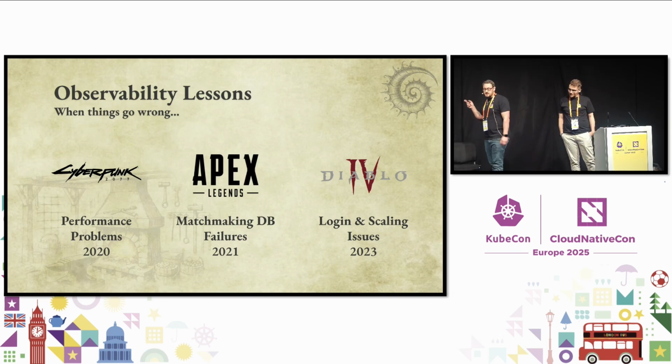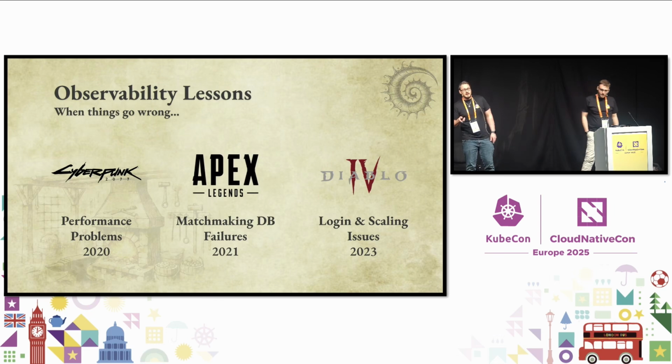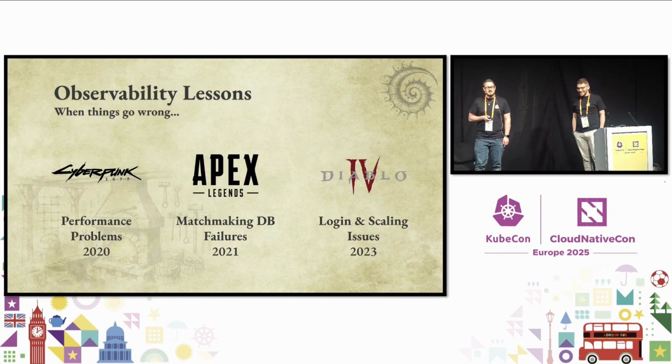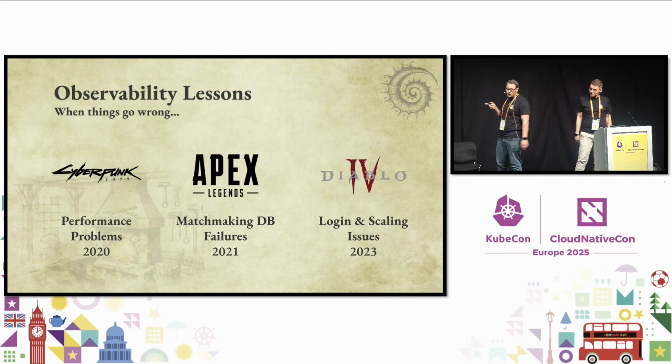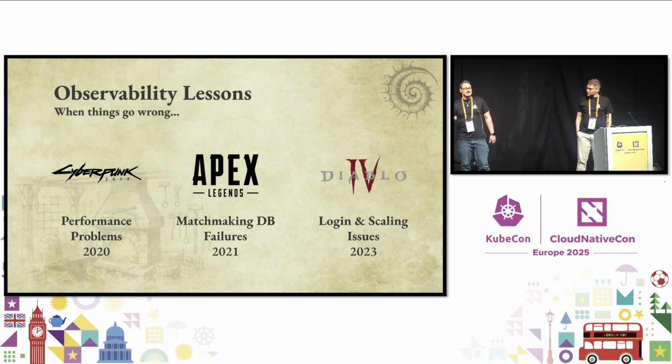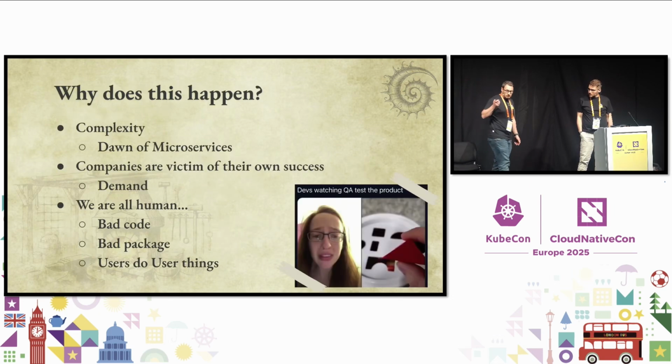Apex Legends, another one that went down for an entire weekend because it had matchmaking database issues. That meant that nobody could actually access the game for a good 48 hours, which is obviously not what we want. Diablo 4, when that released, again had massive issues for login and scaling with just the sheer amount of people that wanted to access the game. So what can we do, and why does this happen, Jay?